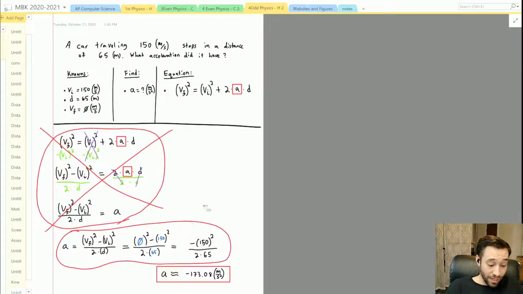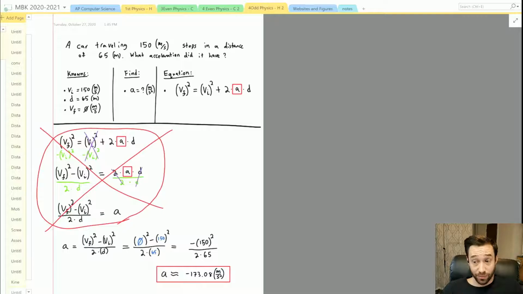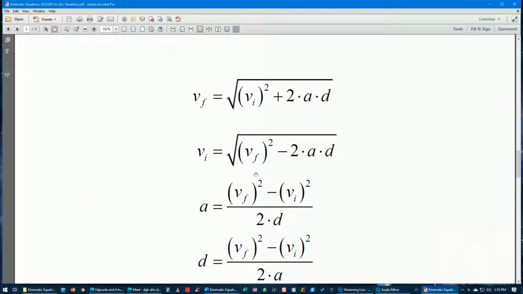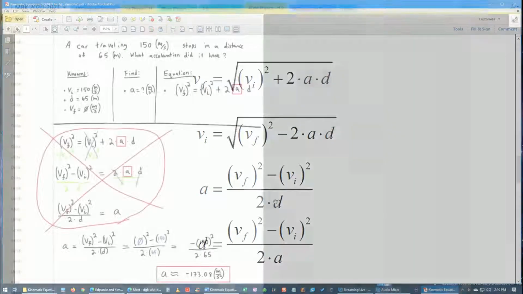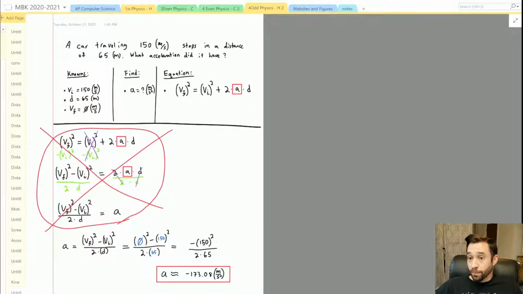And I didn't have to do any algebra. I would just have to find the proper equation, figure out what I'm solving for, and then figure out which variables I have. And then I choose that equation and I plug it in. It's that simple. Switch back. There we go. Okay.